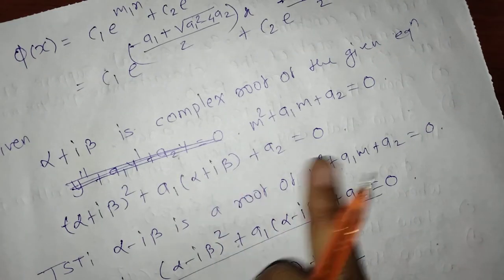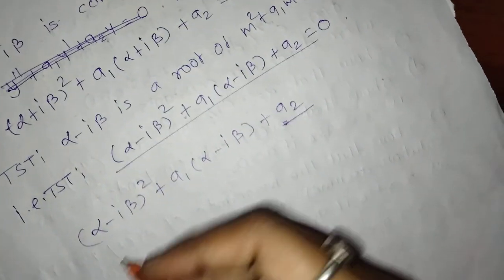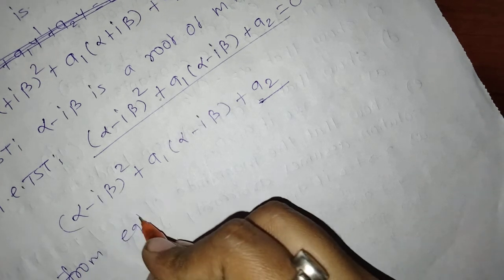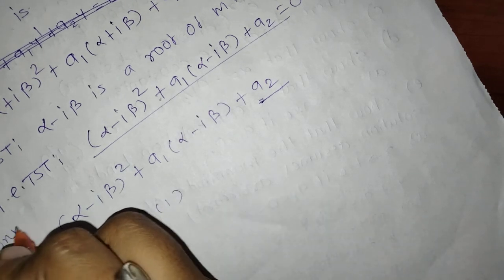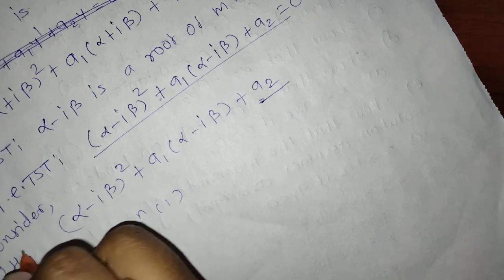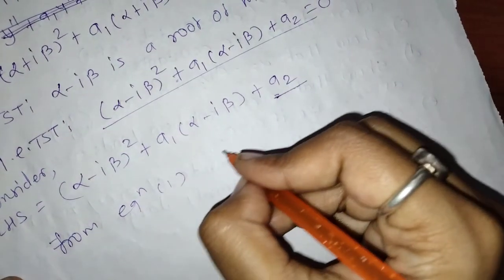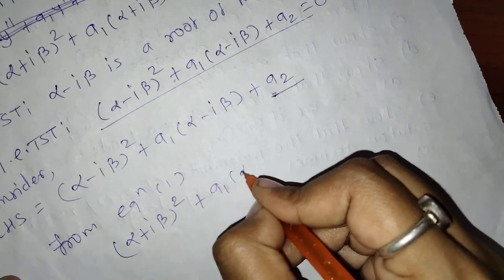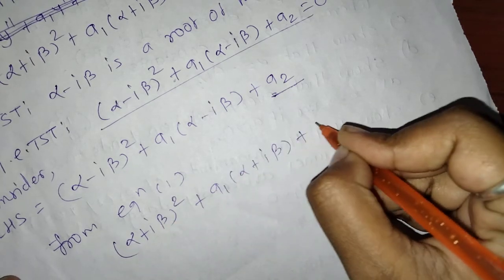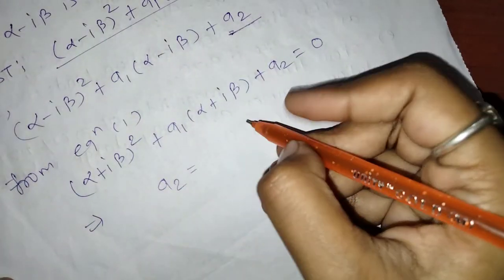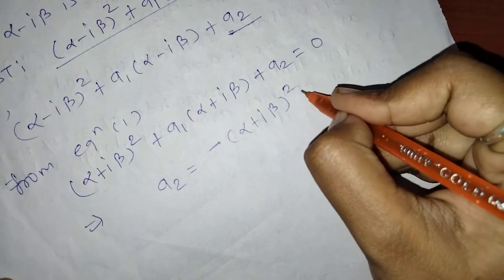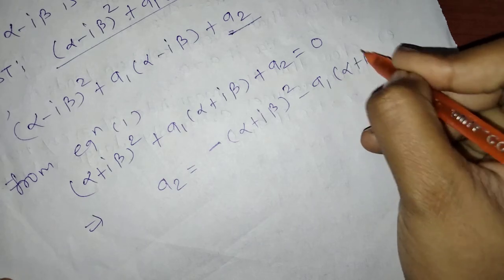From this we can find a2, from equation 1, (alpha plus i beta) square plus a1 (alpha plus i beta) plus a2 equal to 0, which implies a2 is equal to minus (alpha plus i beta) square minus a1 (alpha plus i beta).